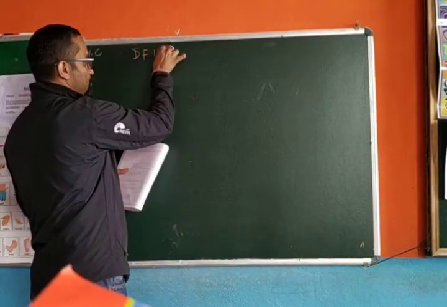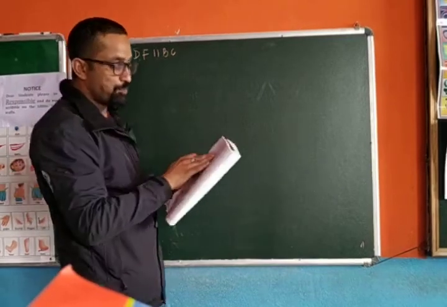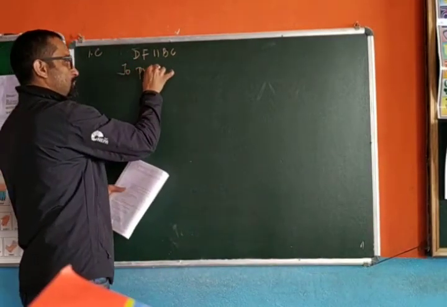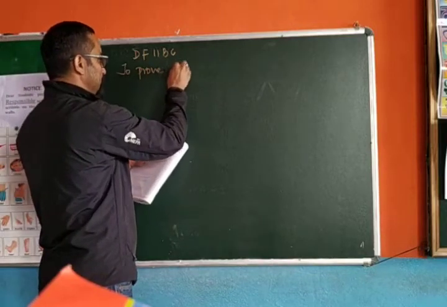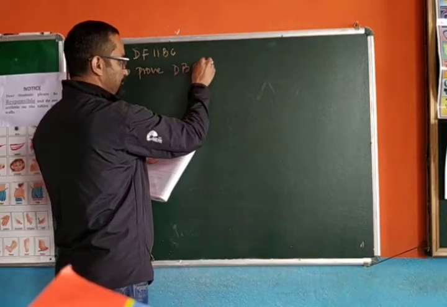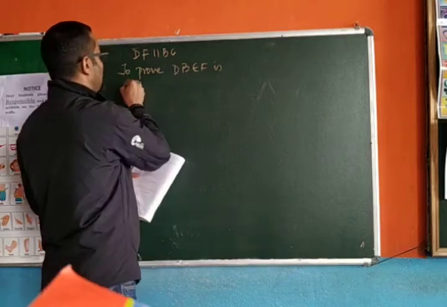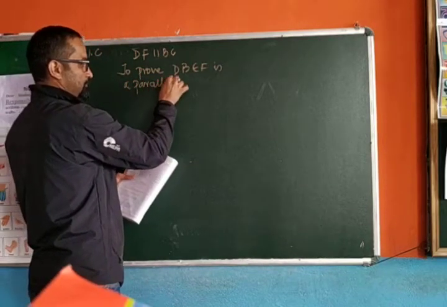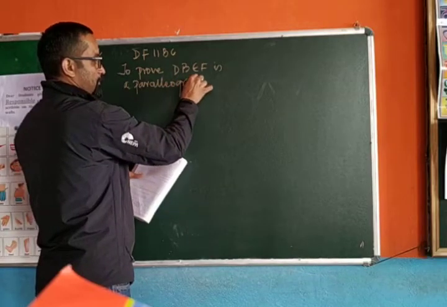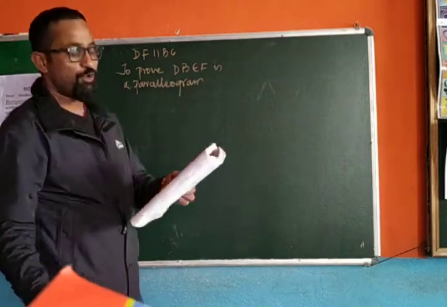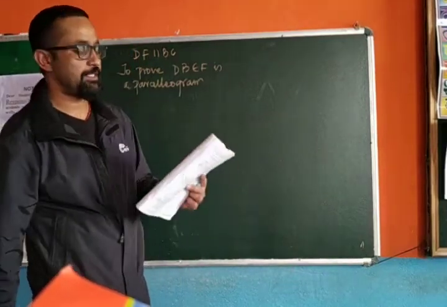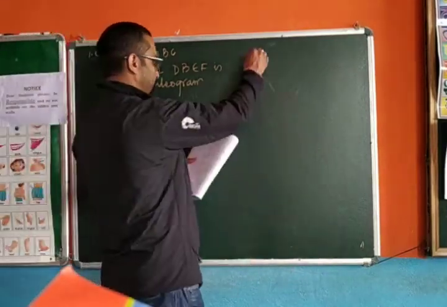DF is parallel to BC. Prove that DBEF is a parallelogram. Calculate AC if AF is 2.6 centimeter.